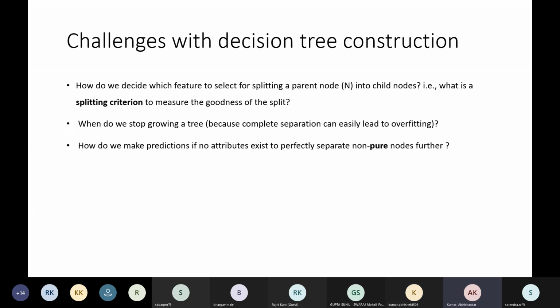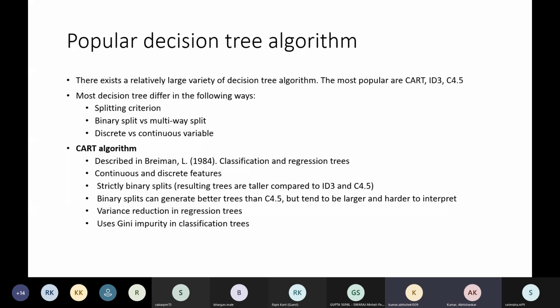So we'll create a decision tree. There are lots of popular decision tree algorithms, but one of the most popular is the CART algorithm, and they vary based on how they select the splitting criteria, whether it is a binary split versus a multi-way split, and what type of variable it is handling.